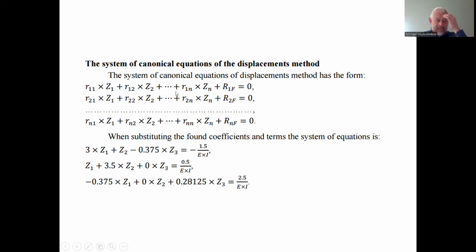And it is the same for the next equation. In this issue, we consider 3 equations as we have a system that is 3 times kinematically indefinable. On the right end of the equations, we have the free terms. The free term is the force arising in the extra connection of this first equation, maybe effort.